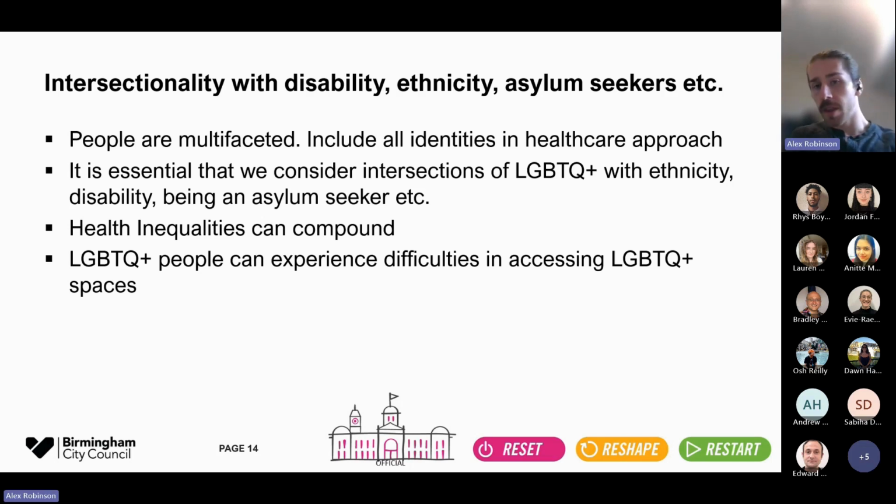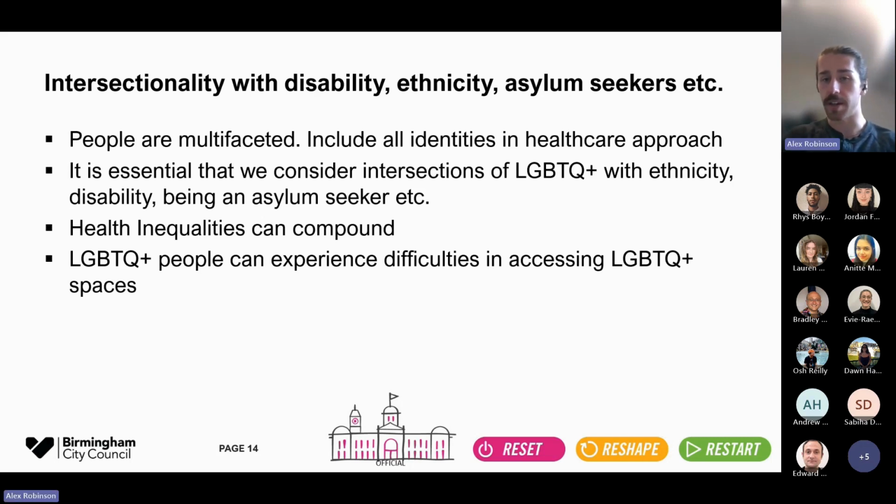For example, 33% of trans people self-reported having a disability. That's compared to 14% of cisgender LGBT people and 19% of working age adults in the general population. And 24% of trans people are estimated to have autism spectrum disorder versus 5% of cisgender people.